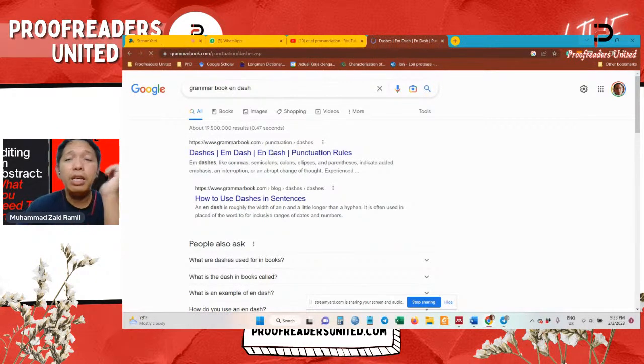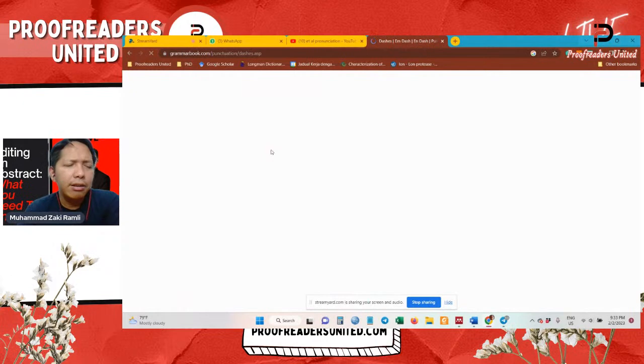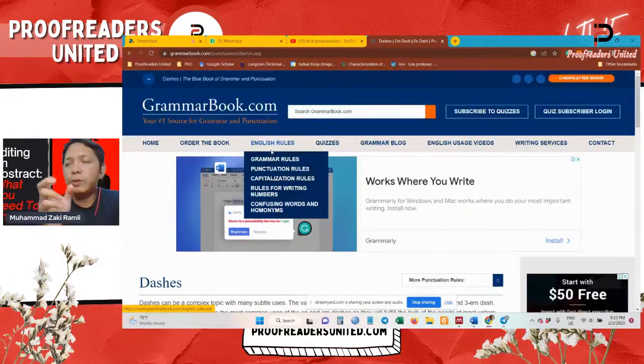This is my usual reference when it comes to grammar and punctuation, because this is where I learned about using the em dash, en dash and hyphen. As for specifying "to", we have to use the en dash.